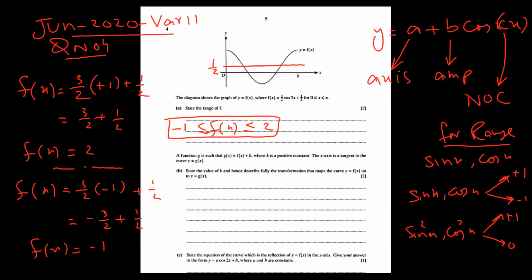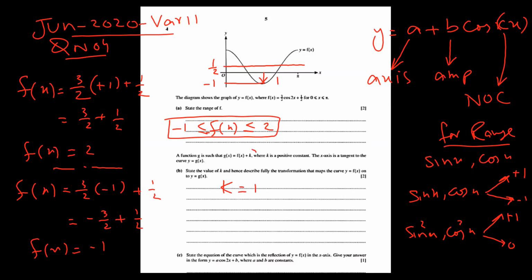So half is axis and amplitude is 3/2. From half, if I go down, I get a -1. It means from the origin, I am 1 down. So if I want to take this point up, it will move 1 up. So confirm the k value is exactly 1.